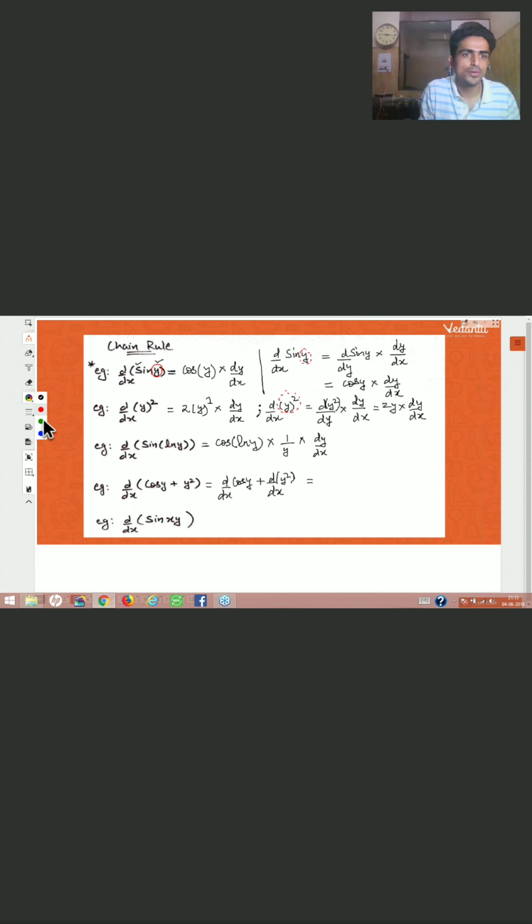Now guys, what is the derivative of cos y? First you differentiate cos, that is minus of sine. Inside you keep y as such, into then the derivative of the inside term, that is dy by dx.